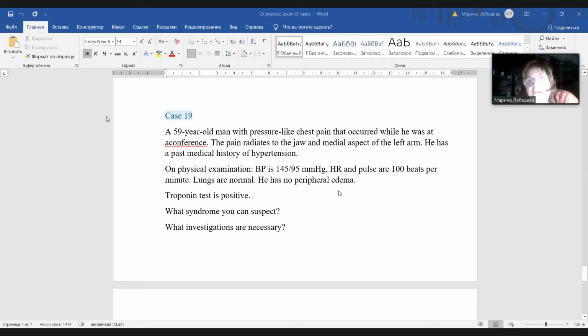So the previous answer about the investigative plan may be used also here.